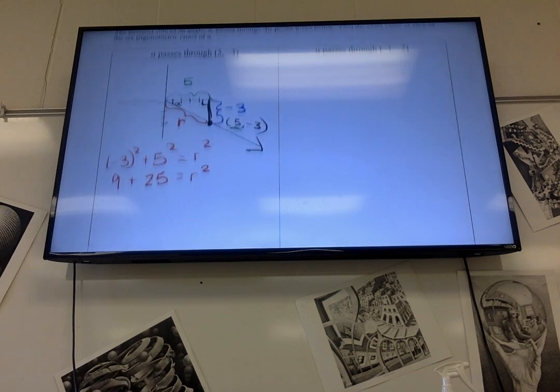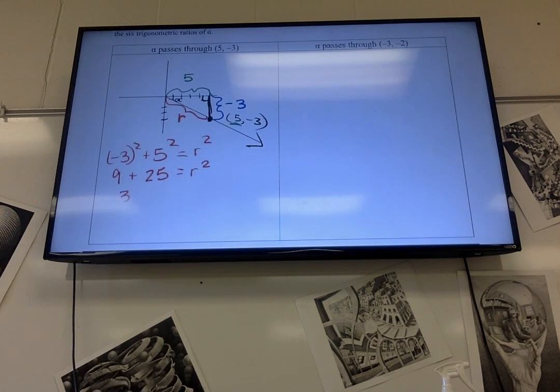What's 9 plus 25? 32. Close. 34, yeah. And how do I get rid of the squared? Square root. Now, if 34 broke down, I would need to break it down, but it doesn't. 2 will go into it 17 times, but I don't have any pairs. With the square root, you have to take out a number that's times itself, and I don't have any of those. So it's just square root of 34.